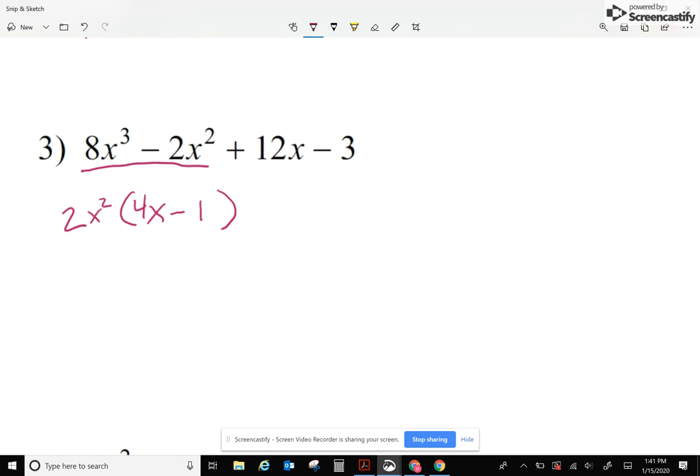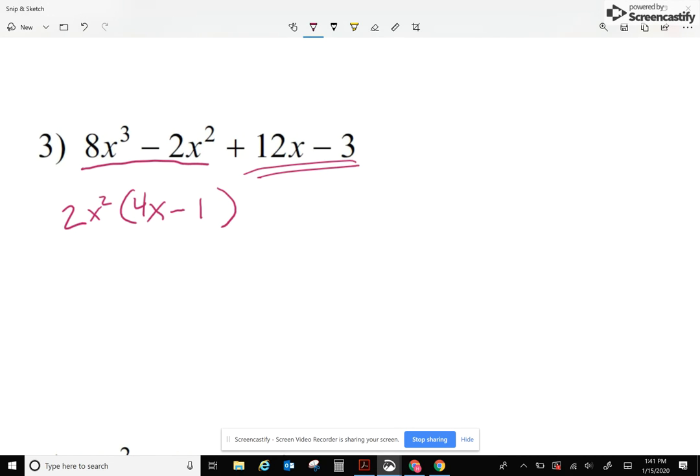Now let's take a look at the last 2 terms. 12x minus 3. Let me divide each by 3. 12 divided by 3 is 4x. There's a minus. 3 divided by 3 is 1. I'm supposed to get my two parentheses to match, which I do.